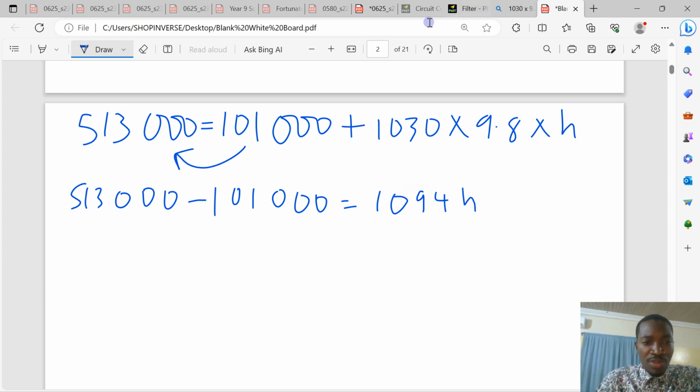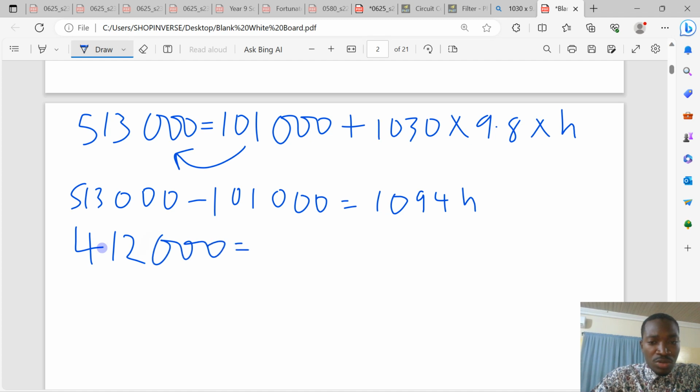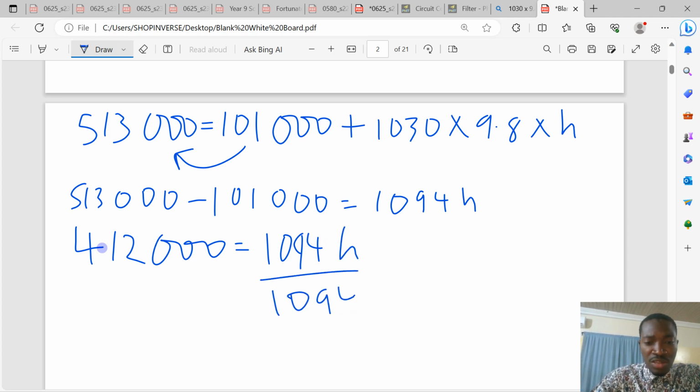So we have 10,094 H. If I take the difference between these two, I will get 412,000 equals 10,094 H. In order to get H, you divide both sides by 10,094. These two will cancel out.